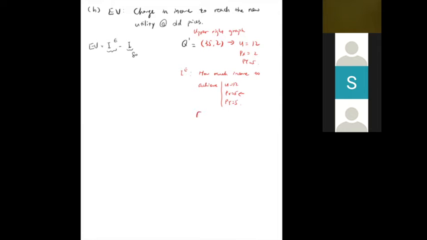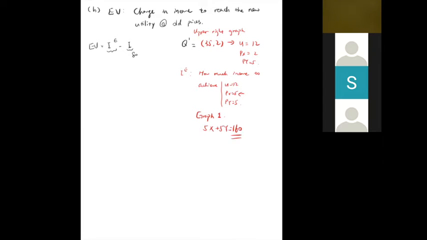In graph 1, the uppermost optimal bundle at (25, 8) has Px equals Py equals 5 and U equals 12, and the budget line for this optimal bundle is 5x plus 5y equals 160.